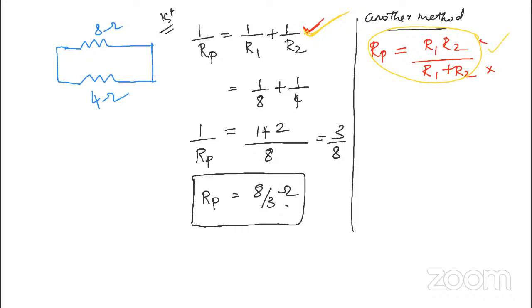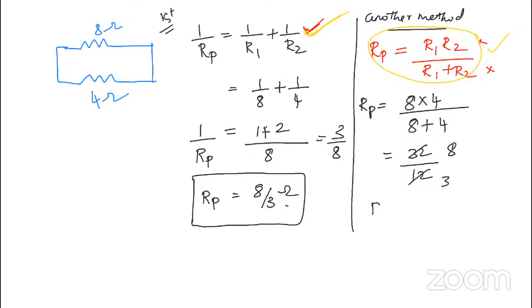Okay. So now when we choose this, we can directly write the values of R1 and R2. It is 8 into 4 divided by 8 plus 4. Okay, so here it is RP. So 8 into 4 is 32 divided by 12. So from the fourth table, it is 3 times 8 is 24 times.